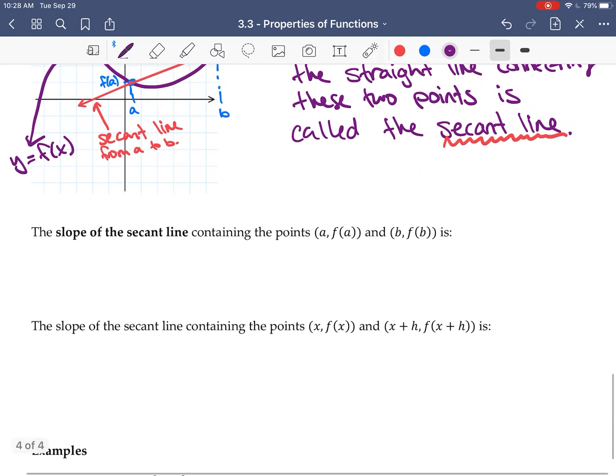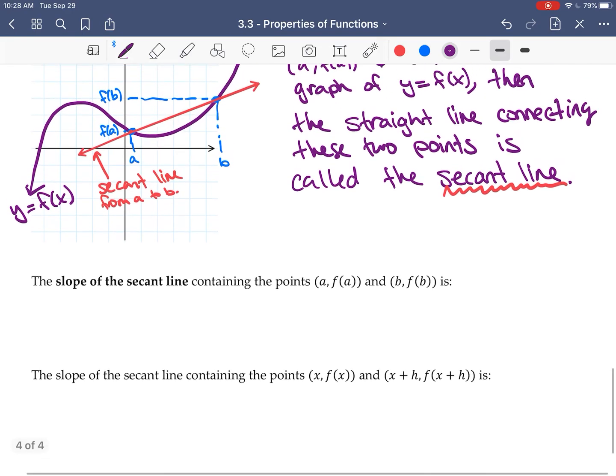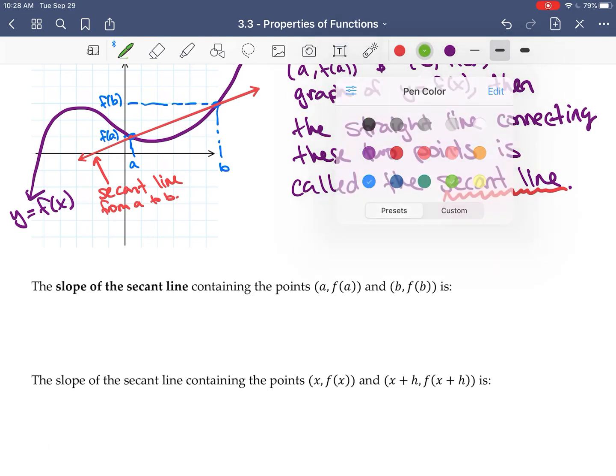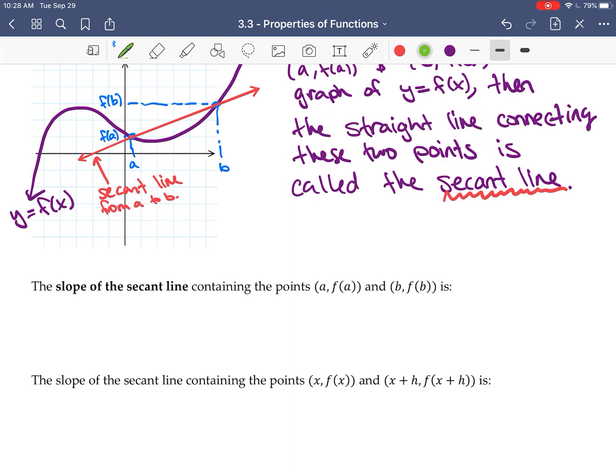So we often want the slope of the secant line. Okay, so the slope, remember, is going to be the rise over the run. Let me just get a new color here. It'll be green. Okay, so what we're going to do is make a little triangle here. So this bit is the rise, and this bit down here is the run.